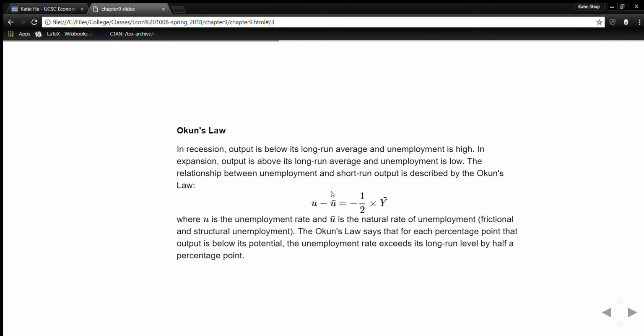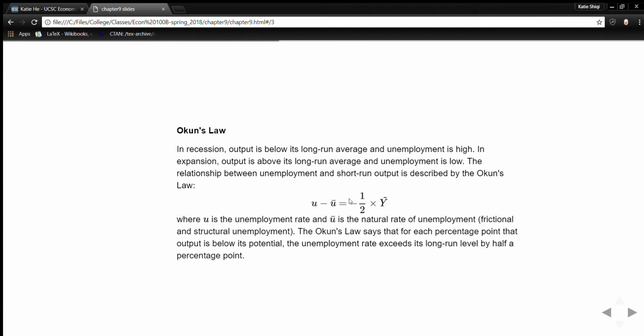And on the other hand, when we're in a recession, y tilde should be less than 0. So we'll have a negative number times a negative number on the right-hand side, which will give us a positive number on the left-hand side, which makes sense because that means that we'll have cyclical unemployment. We'll have unemployment due to changes in the economy due to the business cycle.